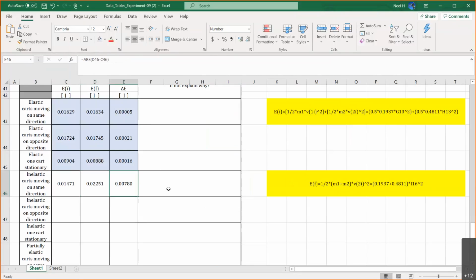Now there you definitely have to explain why the change is so large. It's not because of the earlier reasons, not because of the reason you're trying to put here. It's because it is inelastic. It is supposed to lose a lot of energy, which means there may be sound, heat energy, or other types of energy conversion from mechanical. So, question?